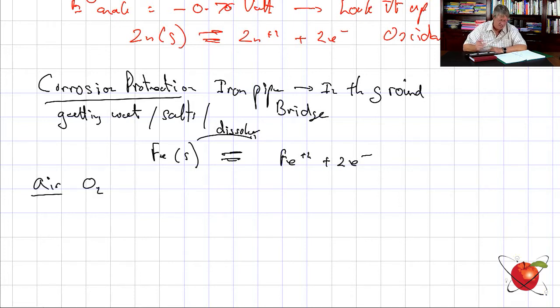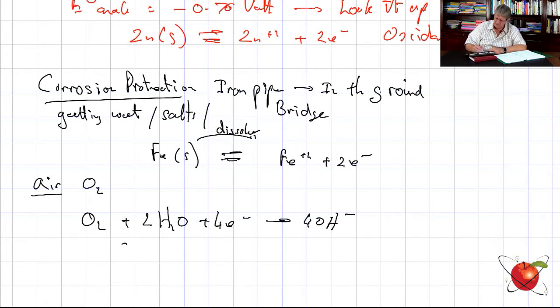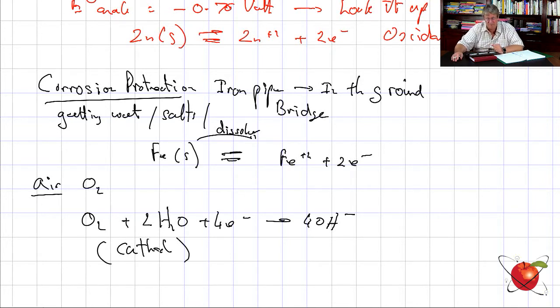Now O2 does this, equations that are in your books: O2 plus 2H2O plus 4 electrons goes to 4OH minus. This becomes the cathode. This here is our anode.